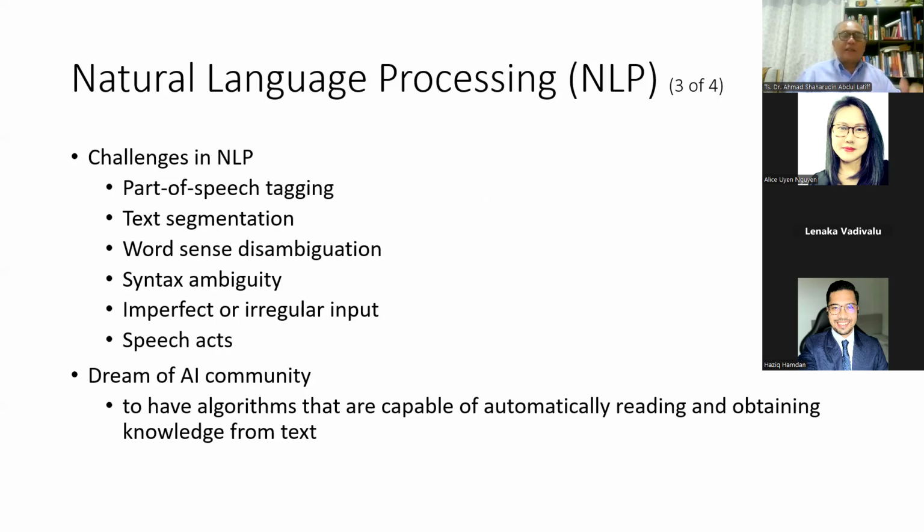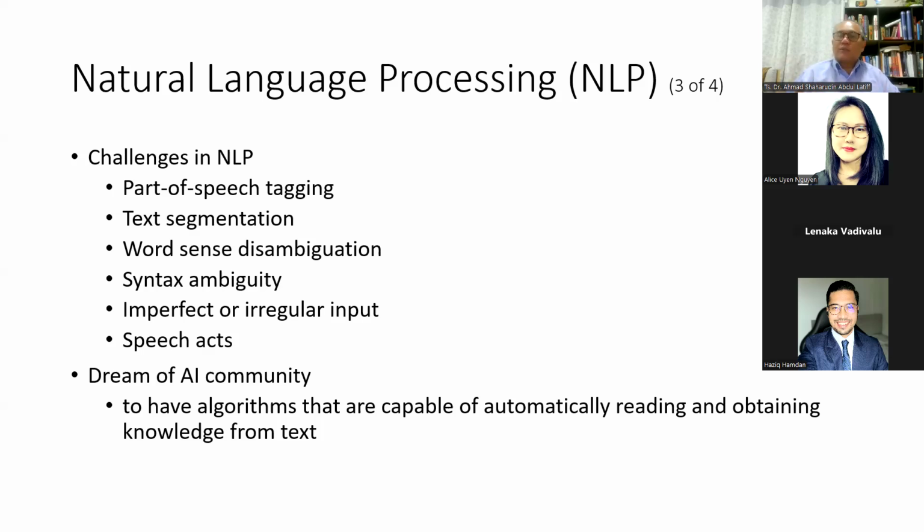Next, challenges in NLP. We look into part of speech tagging: how do you tag the parts of speech into noun, verb, and what does it mean? Text segmentation, in order to understand the segmentation of the text. Word sense disambiguation, where words have different meanings, so what is the sense of this word in different contexts? Syntax ambiguity.